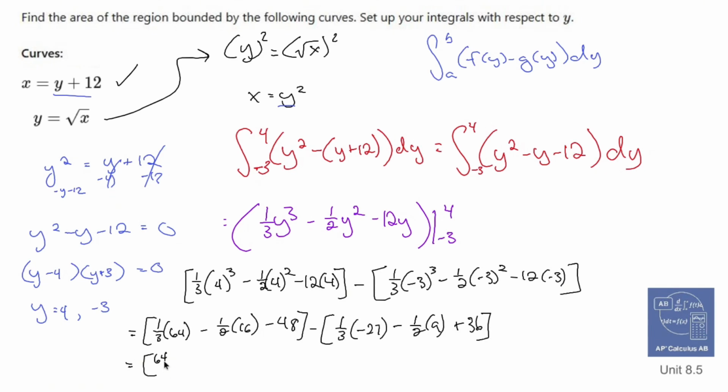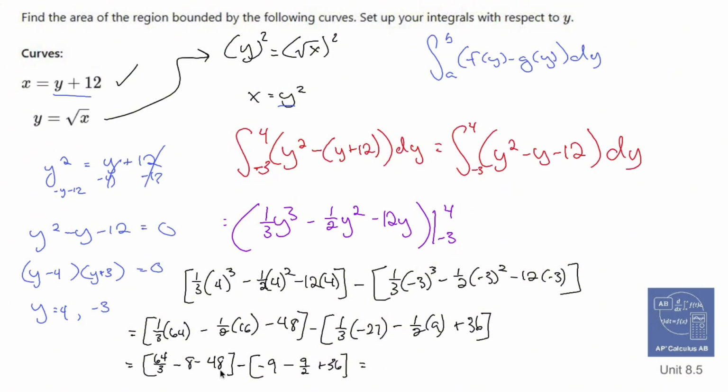So 64 over 3 minus half of 16, so minus 8, minus 48, minus 1/3 of negative 27 is negative 9, minus 9 over 2, plus 36.